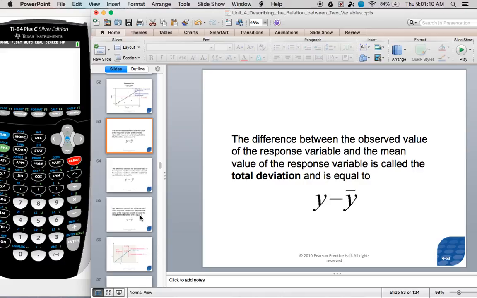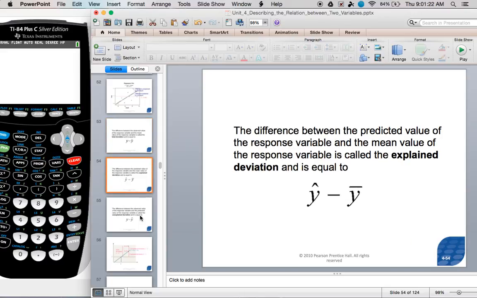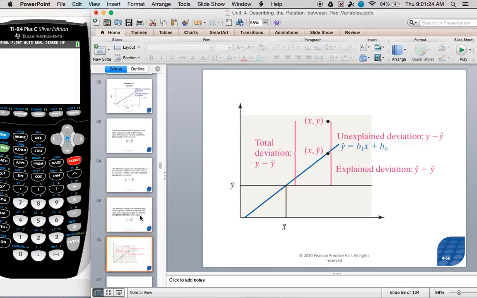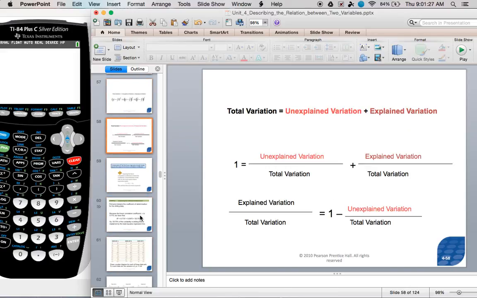Now the difference between the observed value of the response and the mean value is called the total deviation, and we'll be using that to find r squared, but that's all going on behind the scenes of the calculator. So all this, what I'm scrolling through, is part of the total formula.